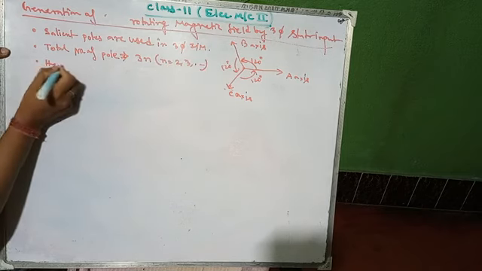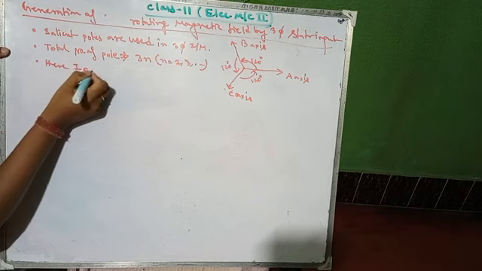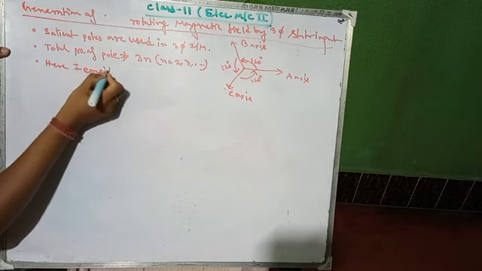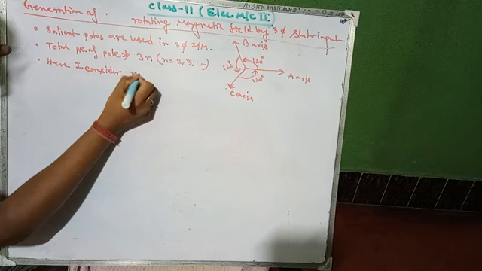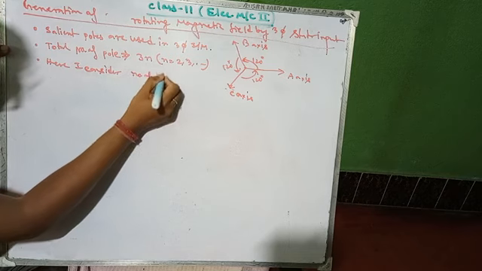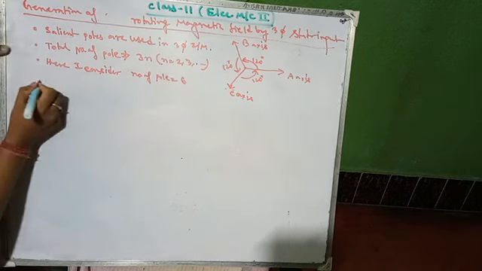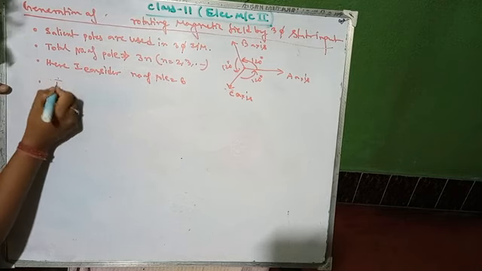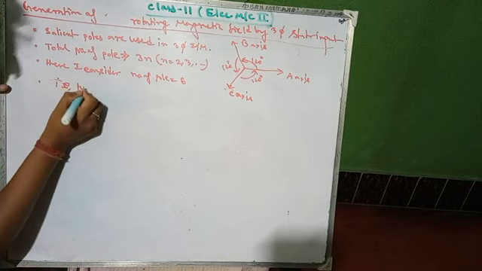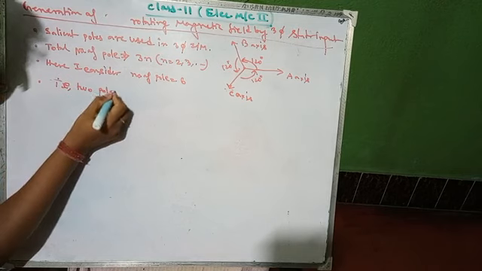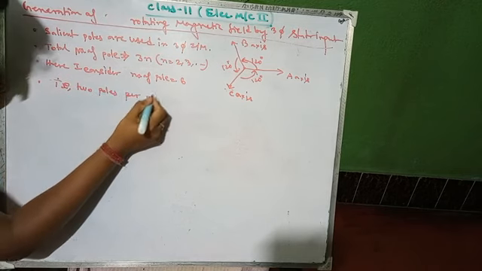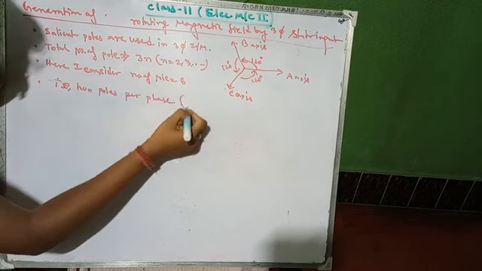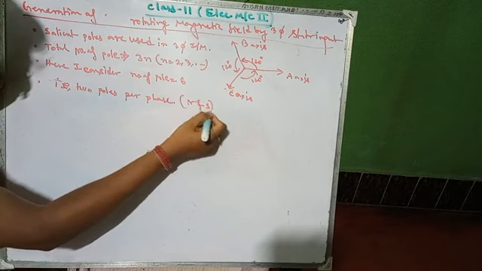Here I consider number of poles equals 6, that is 2 poles per phase, north and south.